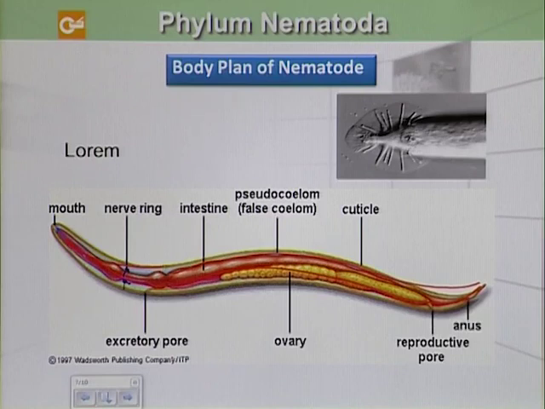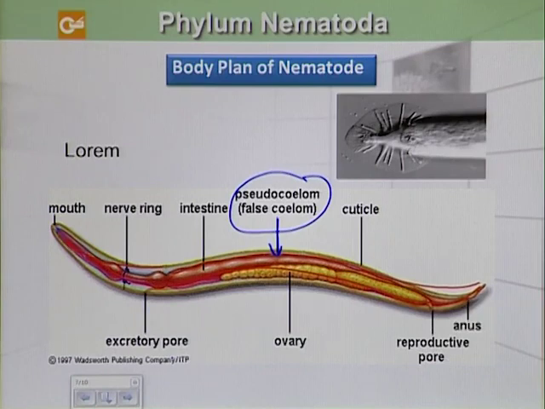So fluid filled space is present between the body wall and the alimentary canal. We can see here the presence of pseudocoelom here, which is present between body wall and alimentary canal.